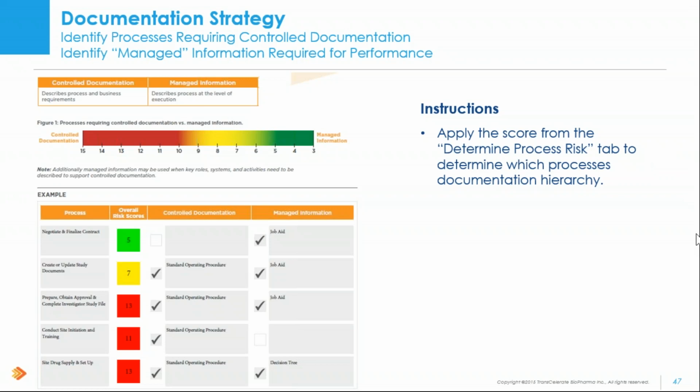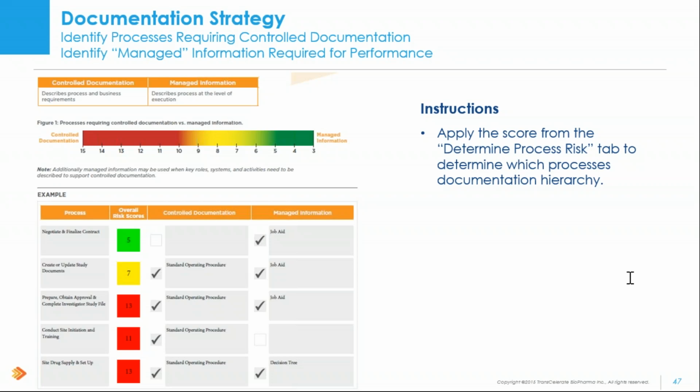The documentation strategy is important since it helps to ensure that documentation represents the actual process, that documentation is easy to understand and follow, has the right level of controls and quality oversight, and is consistent from one process to the next.